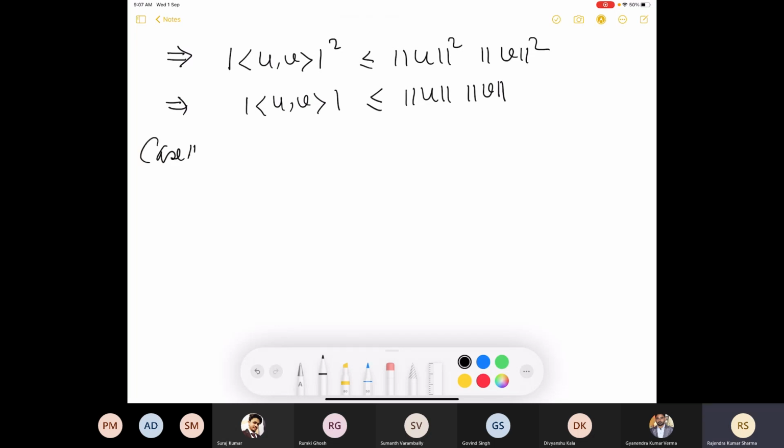Now finally case 3 is when we don't have any condition on this. So we can assume that u is not 0 and the inner product is not real.